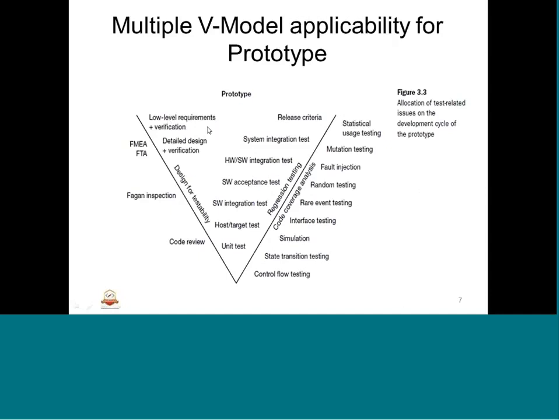Within the V, we have low level requirements, detailed design, plus verification requirements, design for testability. Then on the right hand side, we have unit test. At the bottom, host target based testing. We have software integration, software acceptance. Then we have hardware software integration. Then we have system integration. Then we have the package and release on the right hand side.